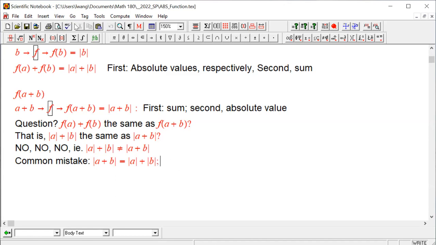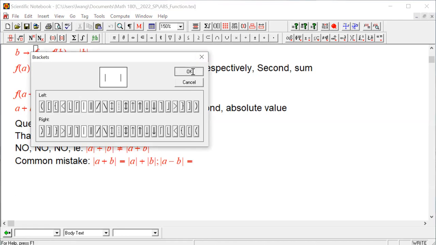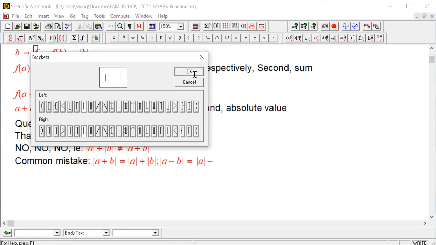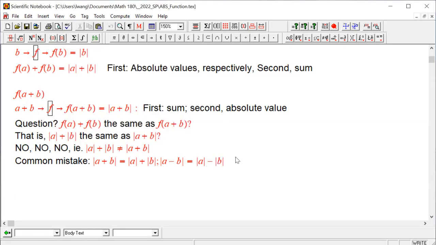And the other common mistake is that they will do the absolute value of A minus B, and they think that's going to equal the absolute value of A minus the absolute value of B. All of these are terrible, horrible mistakes.